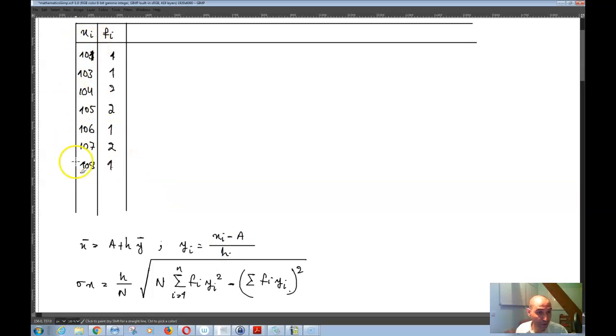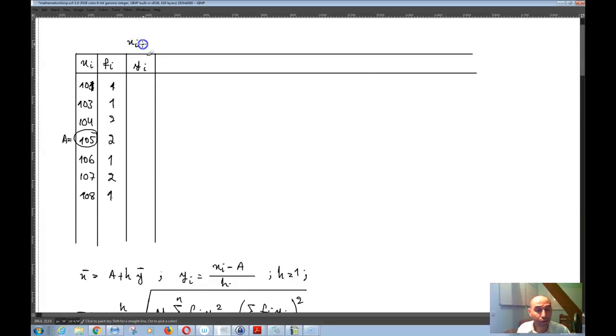Now over here again, I have no class sizes, meaning that I have no classes, so I'm going to take my h as 1. And I'm going to take a as, for example, this value here. I'm going to take this as the assumed mean of the data. So if h is equal to 1, then y of i is simply going to be equal to x of i minus a.